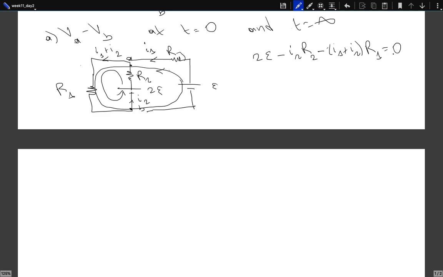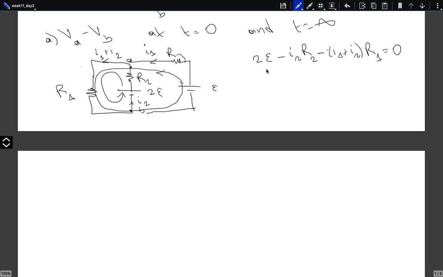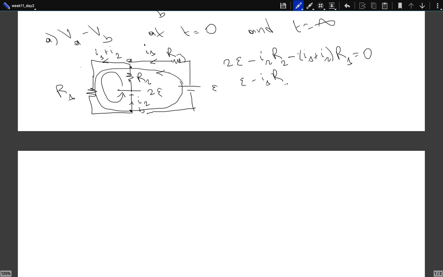Any problem writing this line? Okay, for the larger loop, we have epsilon minus I1 R3 minus (I1 plus I2) times R1. This is equal to 0.